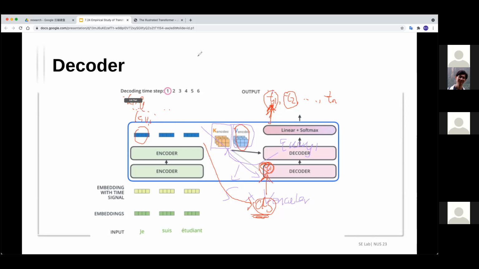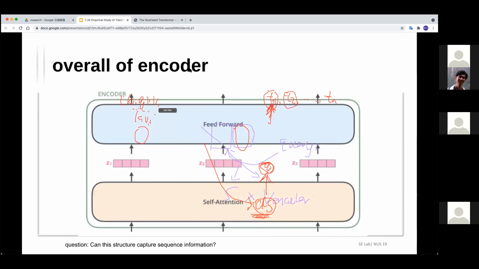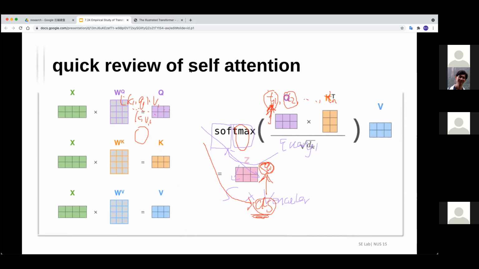And then that's the same formula as before. Same formula, and how do we combine with V and get V1? This is the formula.